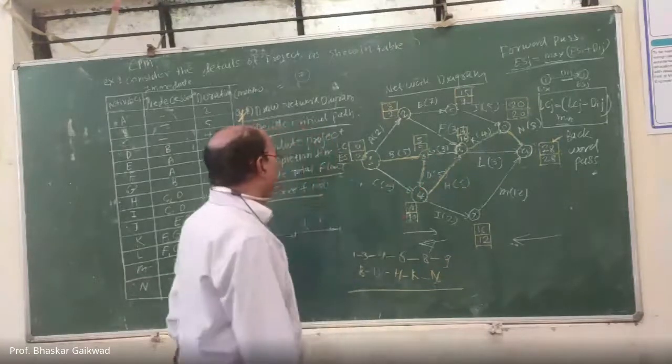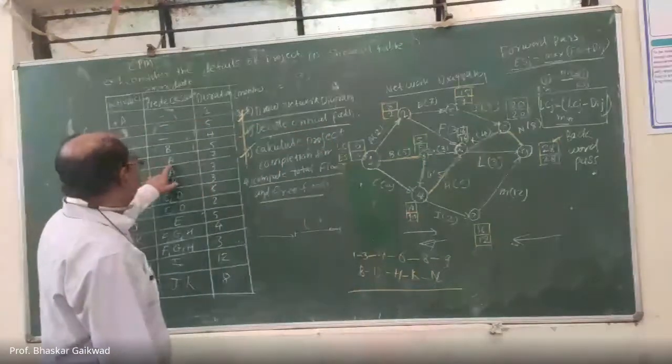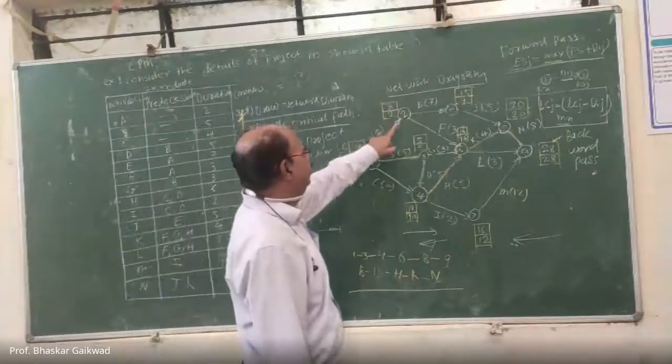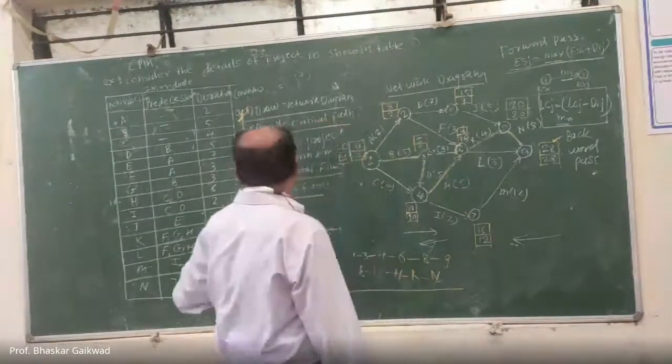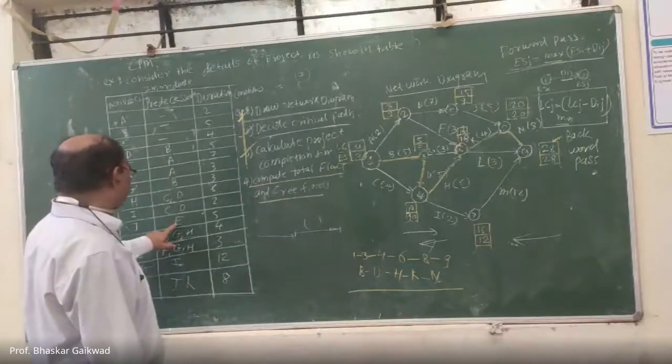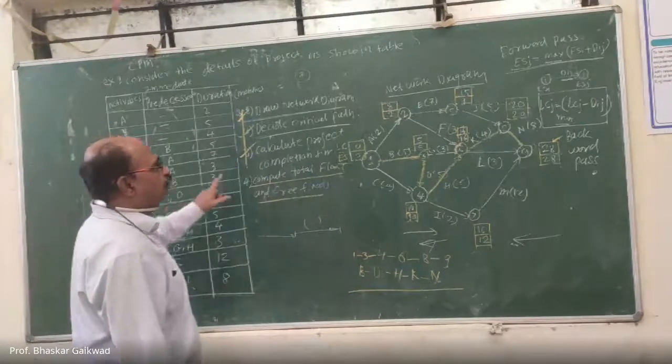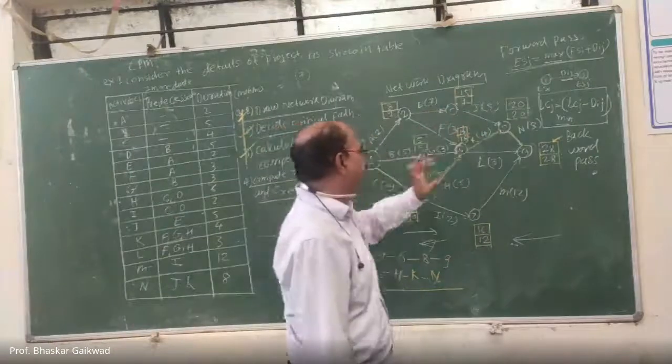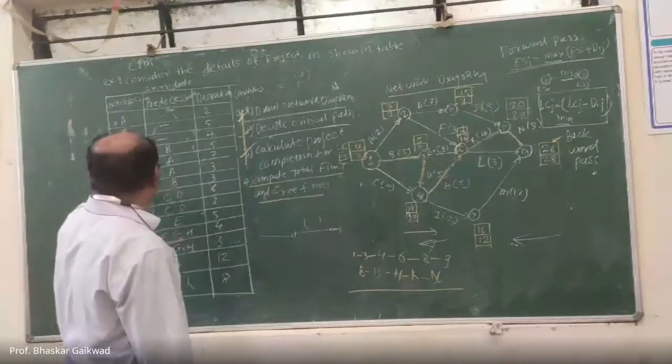After that, E is there. E will start from A. So here is A, E will start here. From the E, there is a Z. After that, F is there.